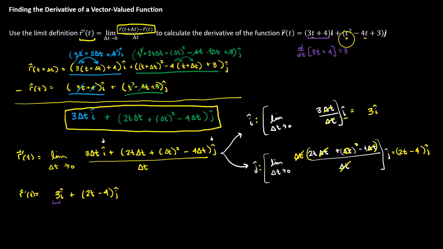And same thing in the j hat component. We have t squared minus 4t plus 3. The derivative was 2t minus 4. If we had taken the derivative of the j component function, we would have gotten 2t minus 4.